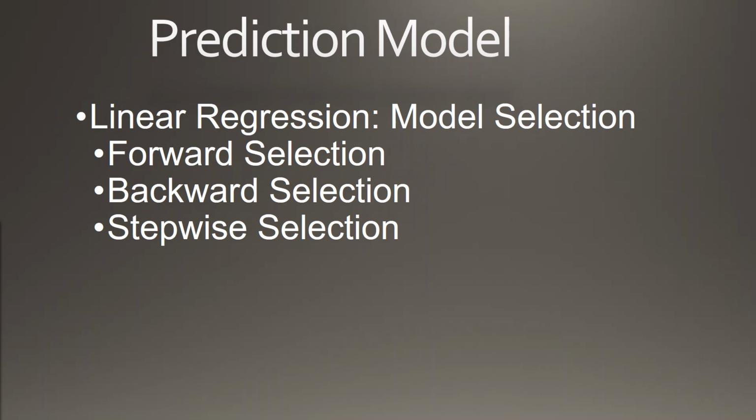Now let's look at the linear regression model for predicting monthly income. We will be looking at three specific models of linear regression: forward selection, backward selection, and stepwise selection for building our model. We need to find out how many variables to use, and this can become tedious.